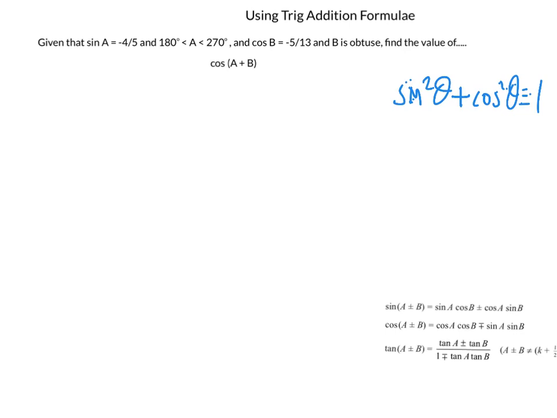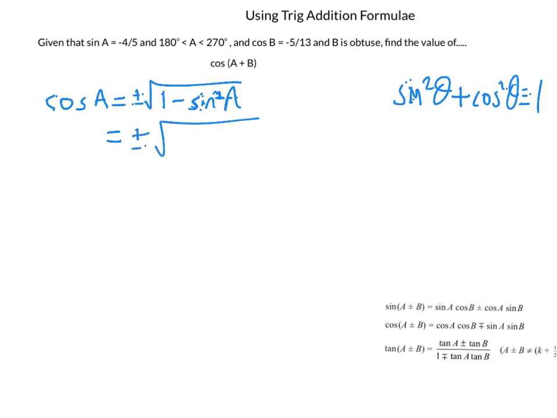Rearrange that, and I know cos of A will be positive or negative the square root of 1 minus sine squared A. Well, what is that? That's 1 minus the square of sine A, which is 16 over 25. So we're going to end up with positive or negative 3/5.